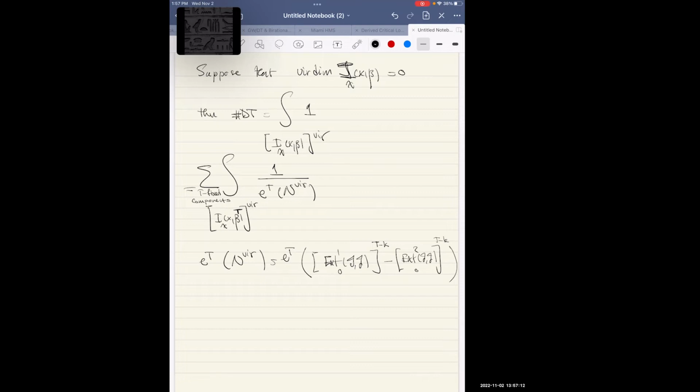Okay, and then basically, if you take the Euler class of the difference of two things, it's basically going to be the Euler class of the first term divided by the Euler class of the second term. This is basically part of the calculus of Euler class. Differences become divisions.